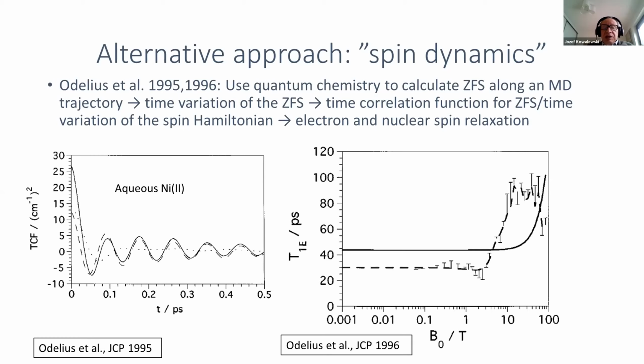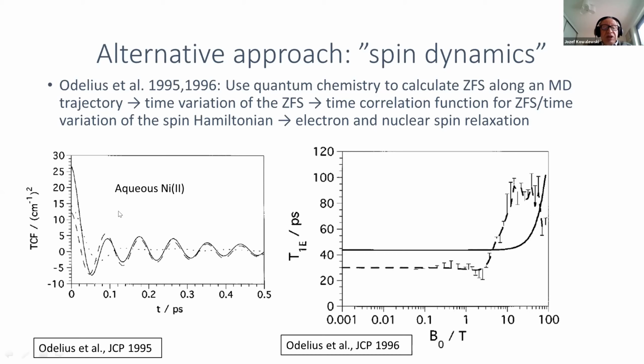So in this approach, we use quantum chemistry to calculate the zero field splitting along some trajectory in time, which gives us the time variation of the zero field splitting. And if we have a time variation of the zero field splitting, we can calculate the time correlation functions for the variation of the spin Hamiltonian. And from there, we can calculate the electron and nuclear spin relaxation.